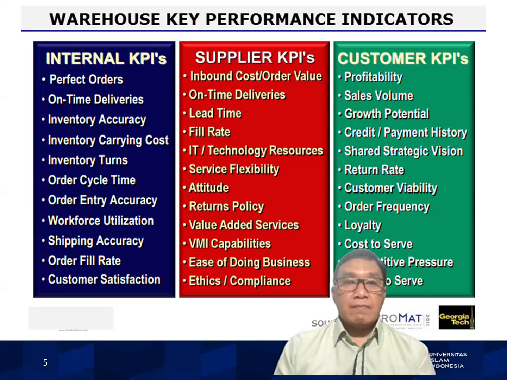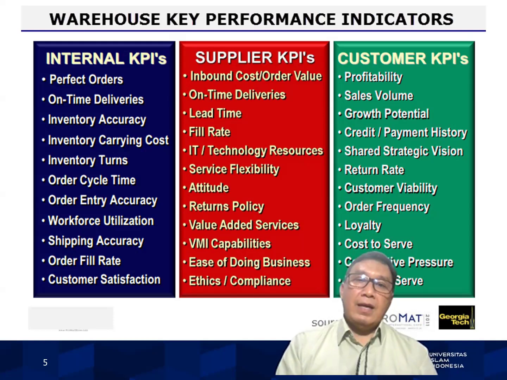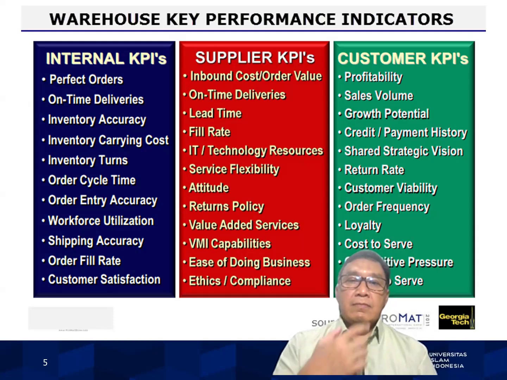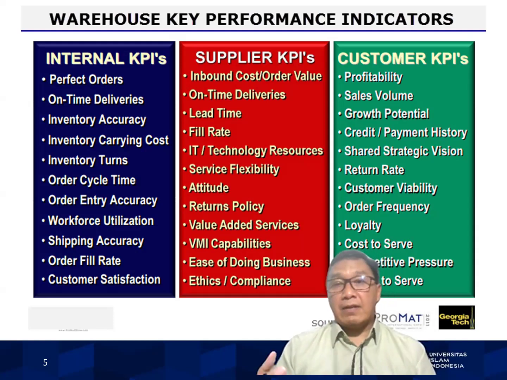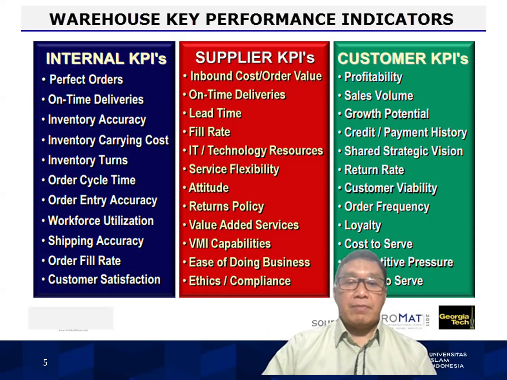So this is an example of internal KPIs. In the warehouses, there are also, for example, supplier KPIs, like inbound cost or order value, on-time delivery, lead time, fill rate, and so on, as well as customer KPIs.